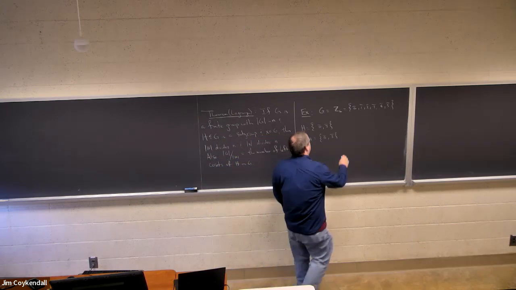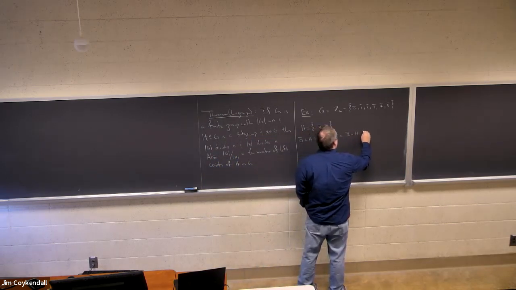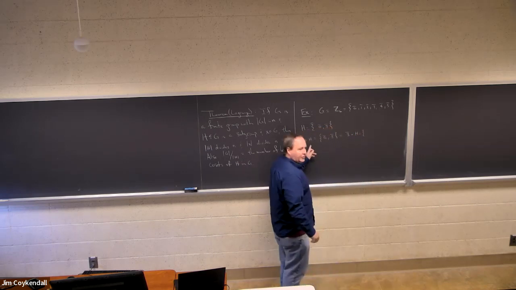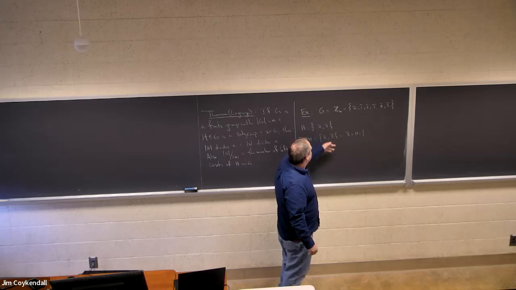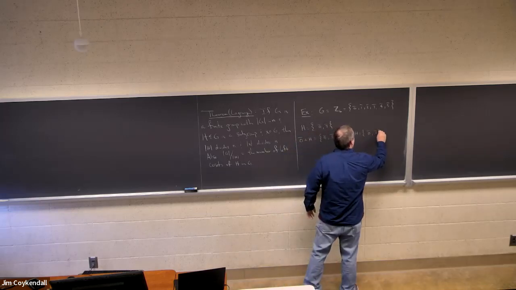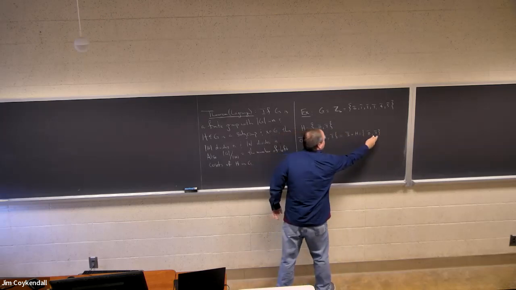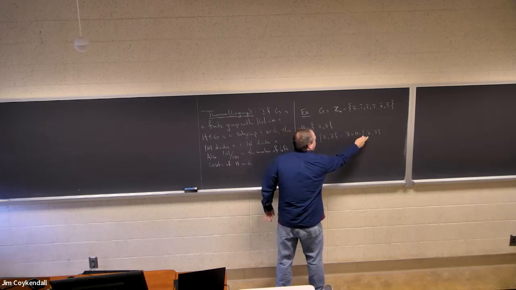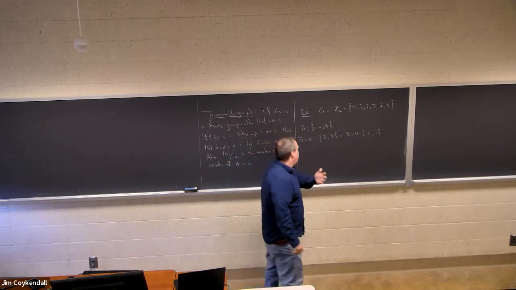Notice that this is the same coset as 3 bar plus H, because when you take everything in H and add 3 to it, you get the same set of elements, right? Because 3 plus 0 is 3, and 3 plus 3 is 0. Everyone cool with it?